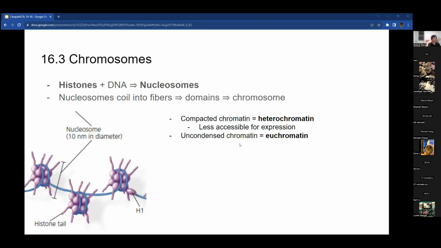However, uncondensed chromatin is euchromatin. So you acetylate, you add negatively charged groups onto the tails of the histones, and that pushes the histones apart, which results in more space for attachment of transcription factors and the transcription unit, like polymerases. You should know these two.